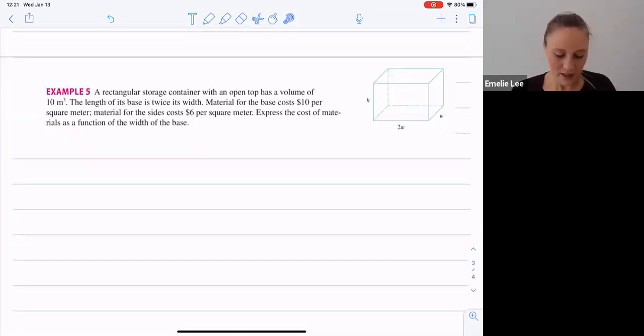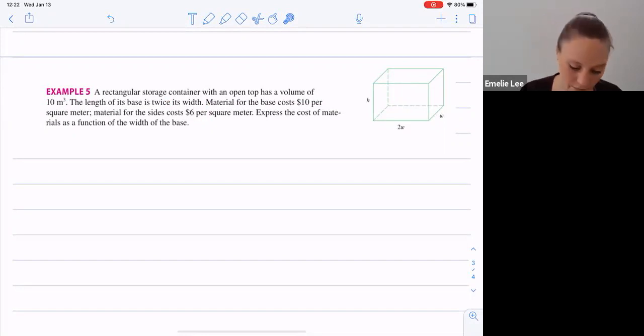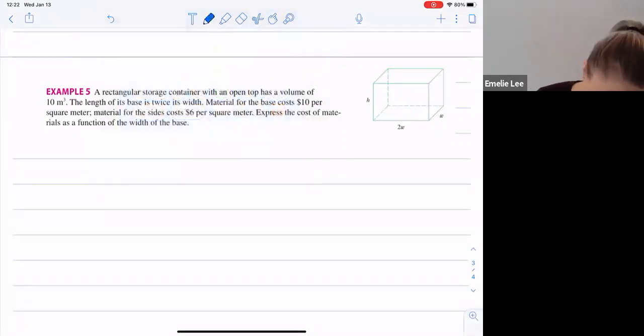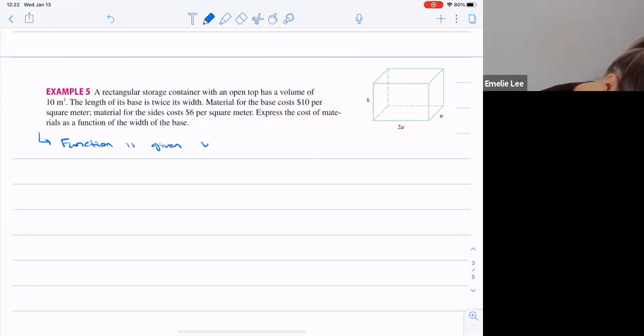So here we've got a function. The information is given verbally. We're going to convert it to an algebraic function. So here, function is given verbally.